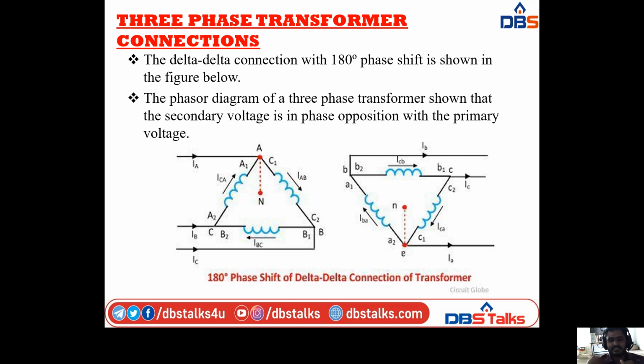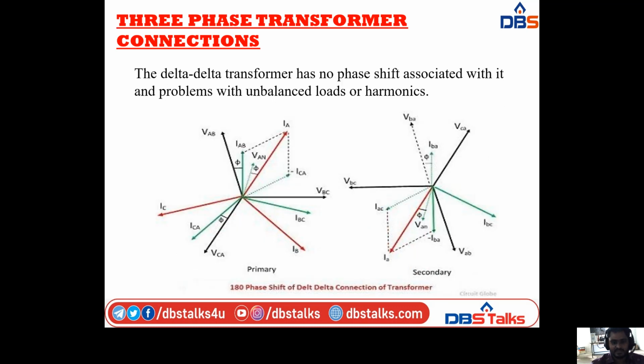It is the reversing of the normal phasor diagram of the delta to delta connection of a three-phase transformer. The phasor diagram shows that the secondary voltage is in phase opposition with the primary voltage. If you see the phasor diagram, this one.